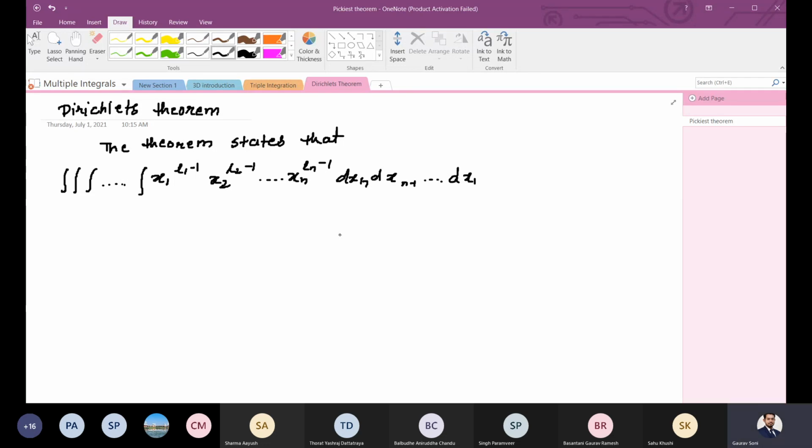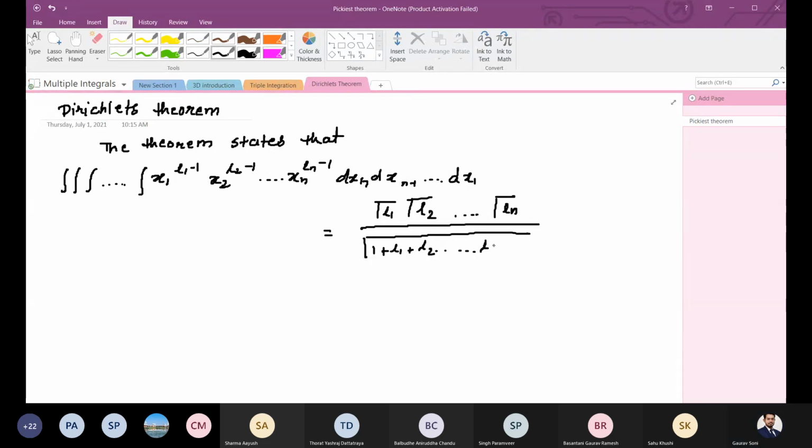The value of this integral is equal to gamma of L1, gamma of L2, gamma of Ln upon gamma of 1 plus L1 plus L2 dot dot dot till Ln.